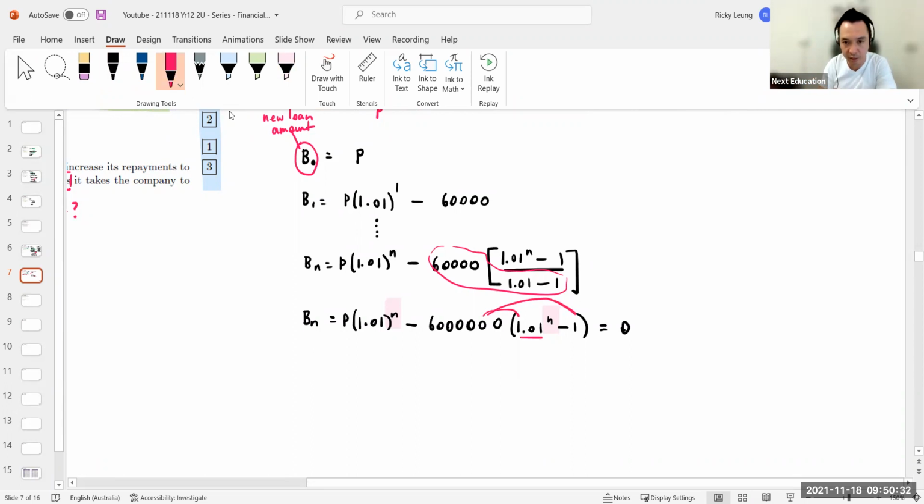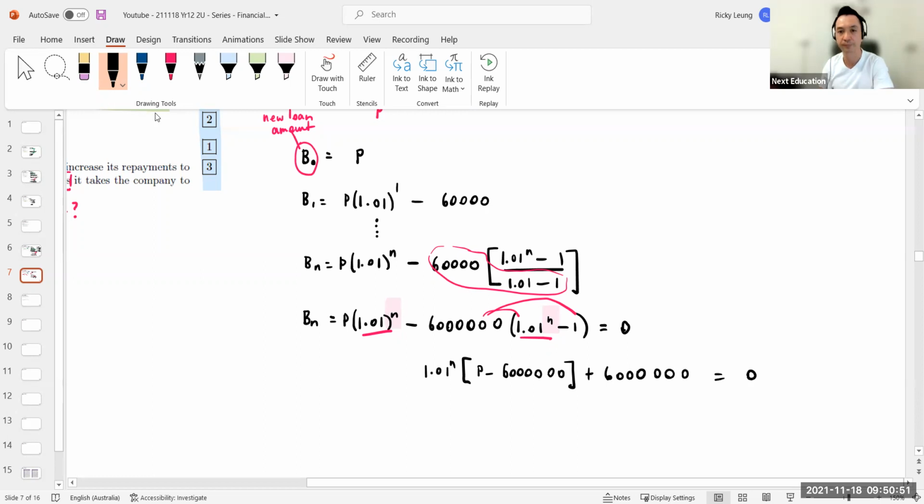Then just like a previous question, I'm going to factorize 1.01 to the N, so it becomes 1.01 to the N times (P minus 6 million) plus 6 million equals 0. So when I move this over, it'll be negative, but remember P is much smaller than 6 million, so it will be negative as well.